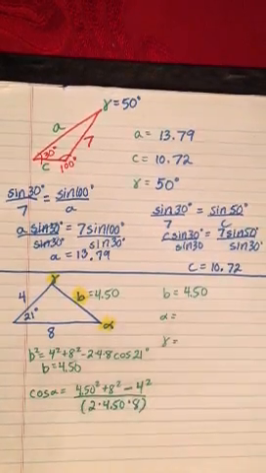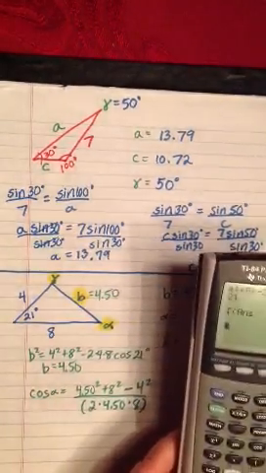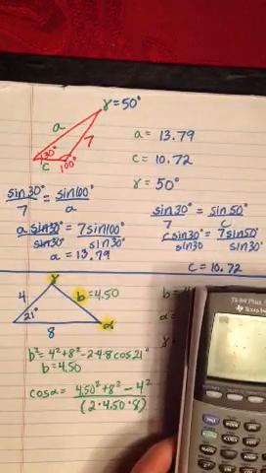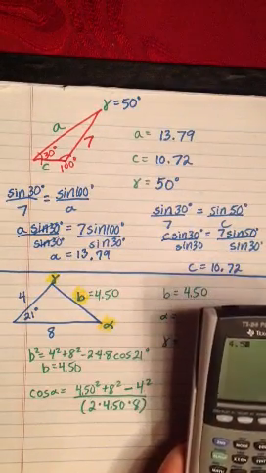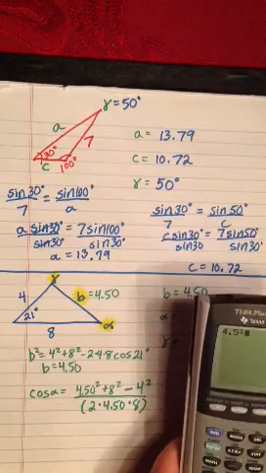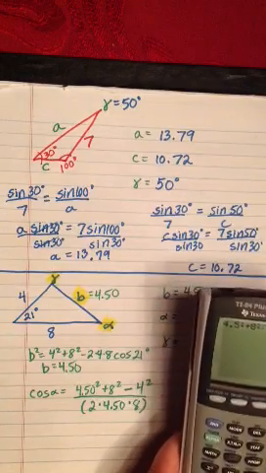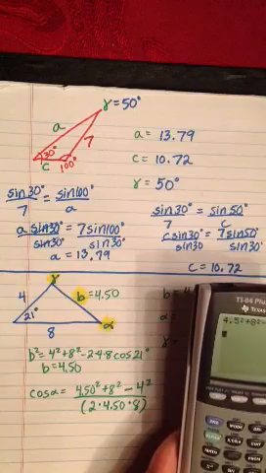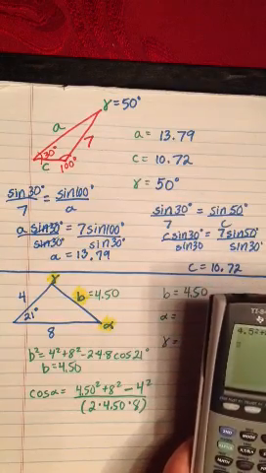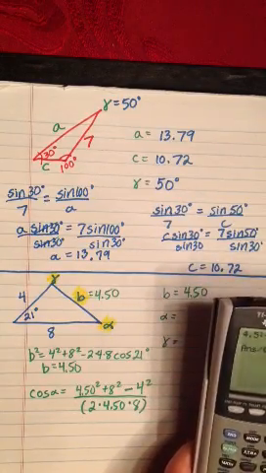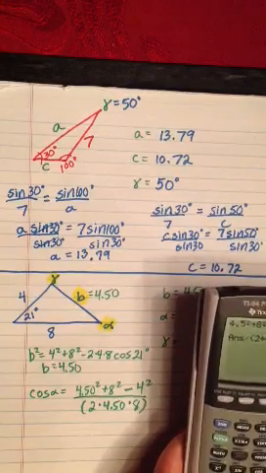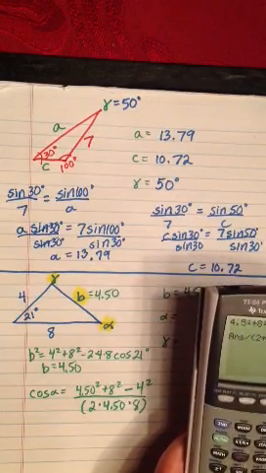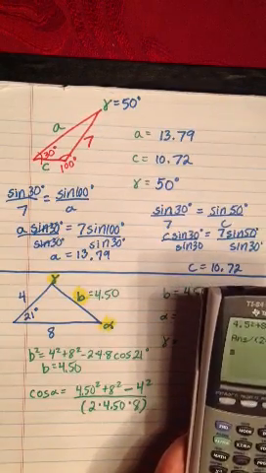So when you type this in the calculator, we're going to go 4.5 squared plus 8 squared minus 4 squared, and hit enter. And then it's going to be divided by parentheses 2 times 4.5 times 8, and I hit enter.